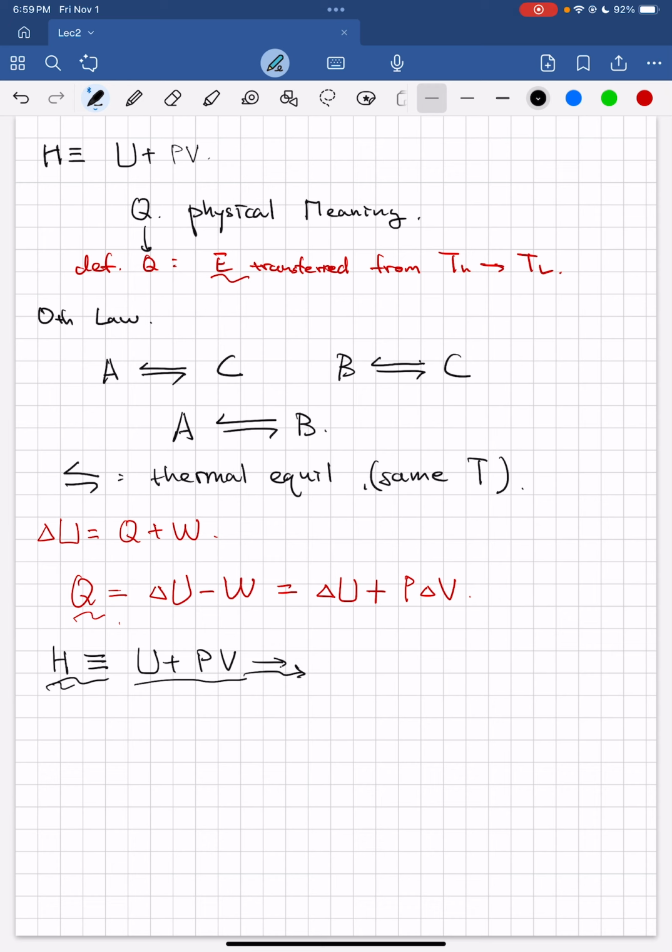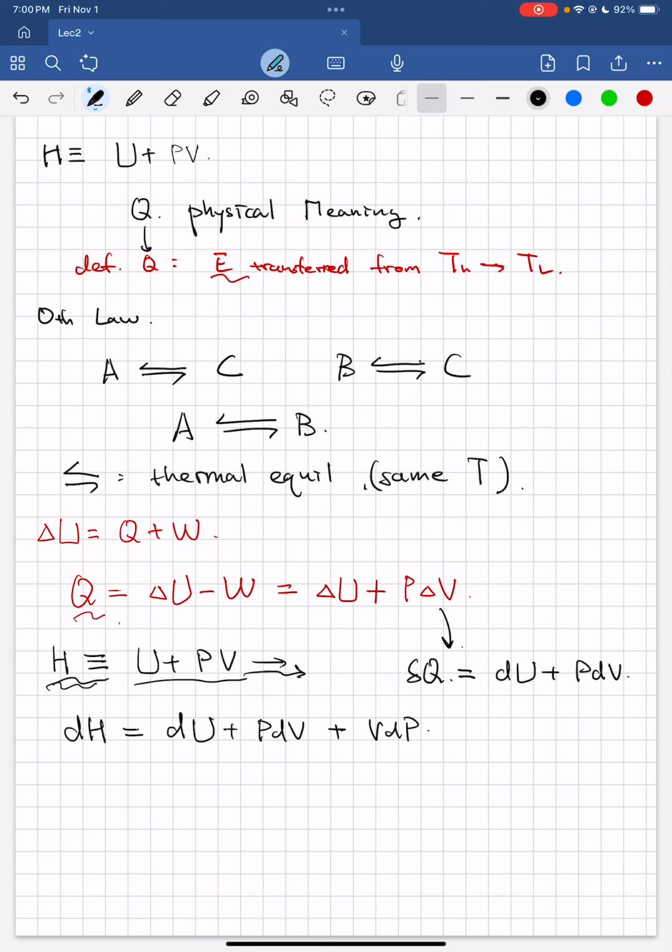When we take the derivative, dH is going to equal dU plus PdV plus VdP, right? And back to here, delta q is going to equal dU plus PdV, right?